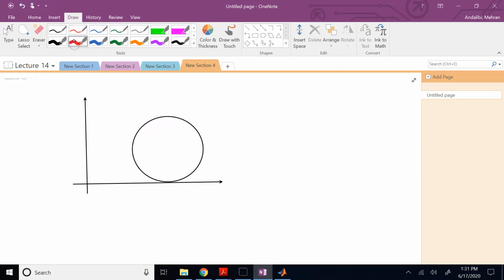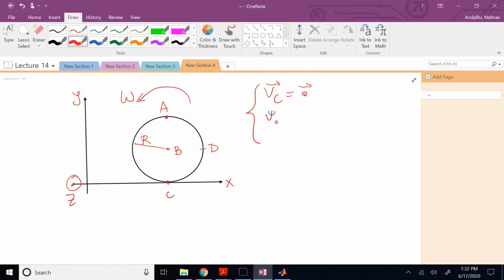And this is the contact point, this is the centroid, this is a point right on the top, and maybe this is a point behind the centroid. This is going with omega, and the radius is r, and this is x, and this is y, and z is out of the plane. So we found that V of C is 0, fine. Now what if I ask you what is V of A and what is V of D?